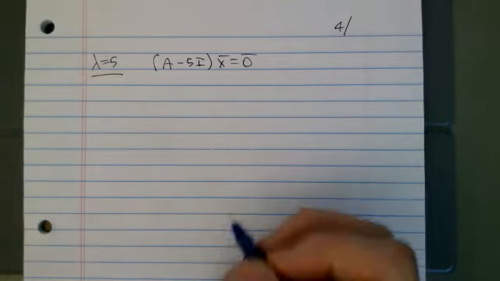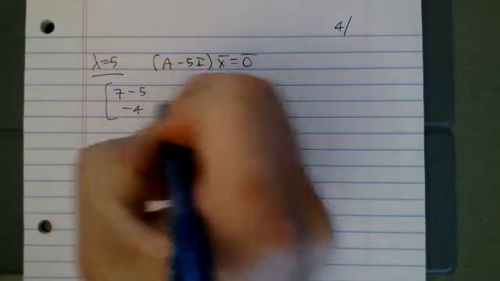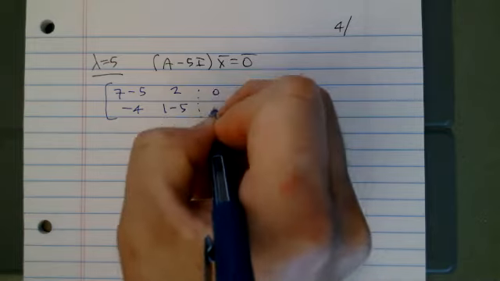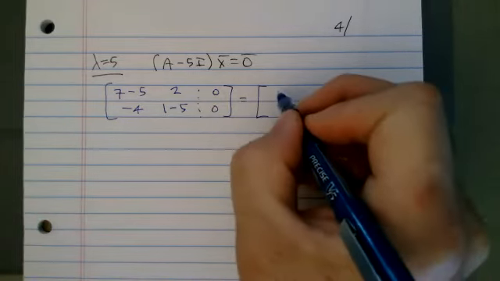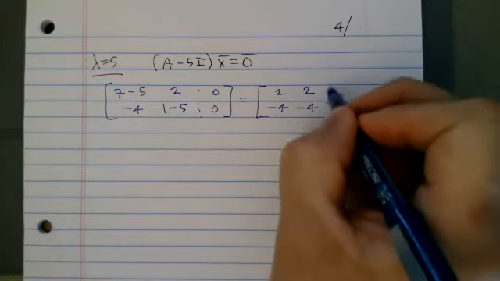So I'm going to write an augmented matrix: 7 minus 5, -4, and then 2 and 1 minus 5, and then I'll make zeros over here. This is equal to the matrix 7 minus 5 is 2, -4, and then 2, 1 minus 5 is -4.